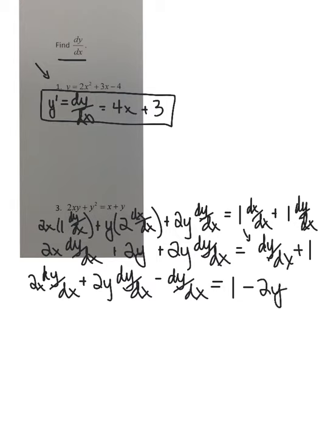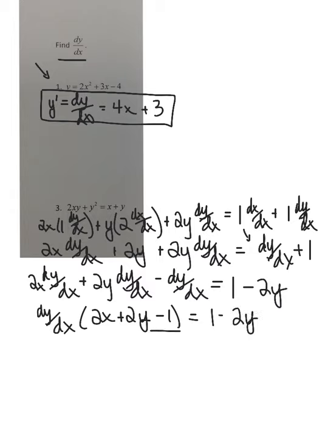Next step, on the left-hand side, I'm going to factor out a dy/dx, which is going to give me 2x plus 2y minus 1 equals 1 minus 2y.